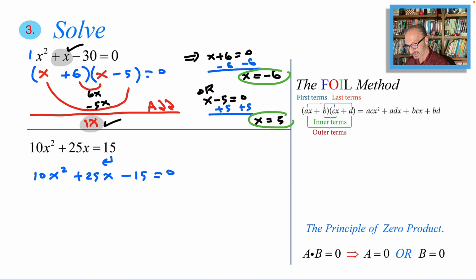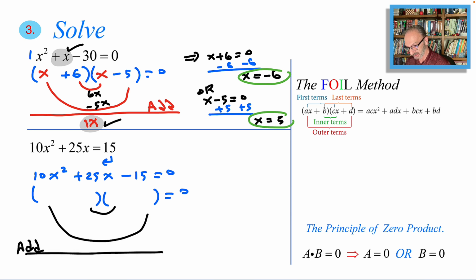Now we could start by thinking about factoring it such that we keep in mind that when you go in for the inner part and for the outer part from the word FOIL, they both should add up to the middle number, and that is the 25x. The 25x is this right here. That's the middle one, after you move the 15 to the left and have a 0.